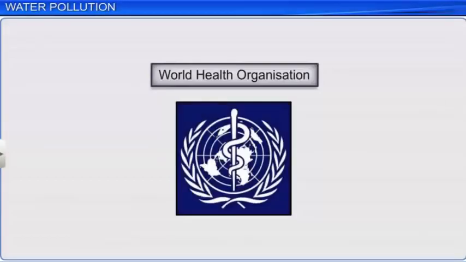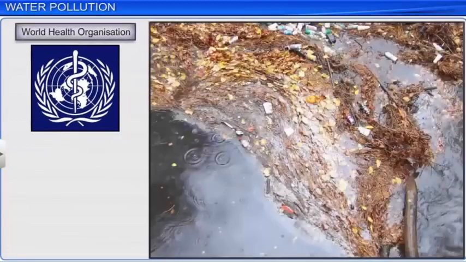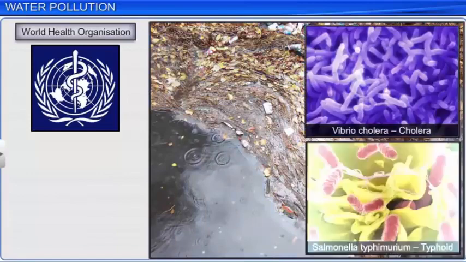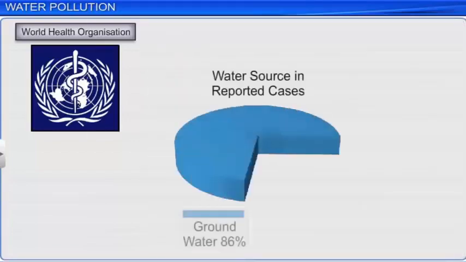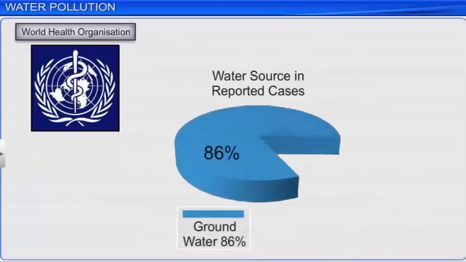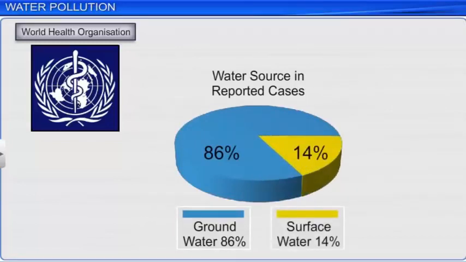According to the World Health Organization, every year, about 3.4 million people in the world die due to diseases caused by contaminated water. Of these, 86% get infected due to contaminated groundwater and 14% due to contaminated surface water.